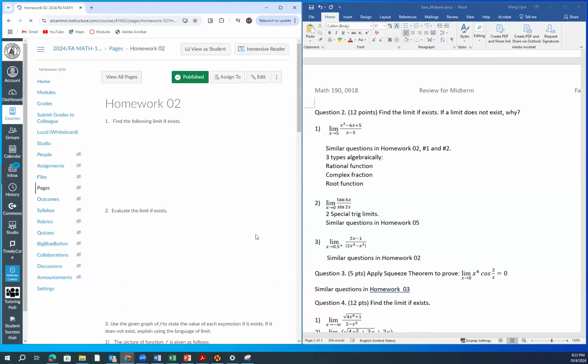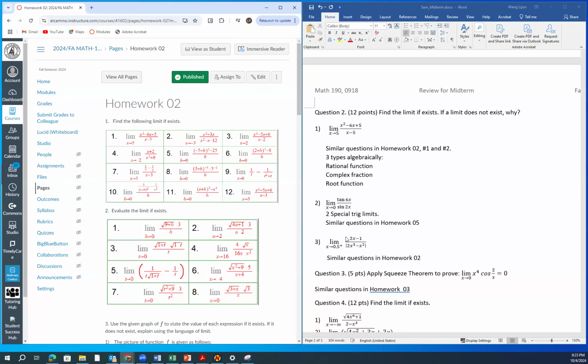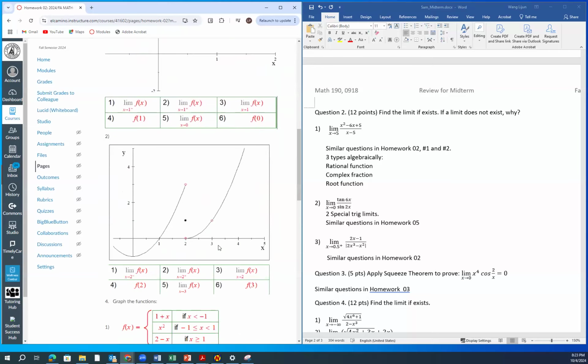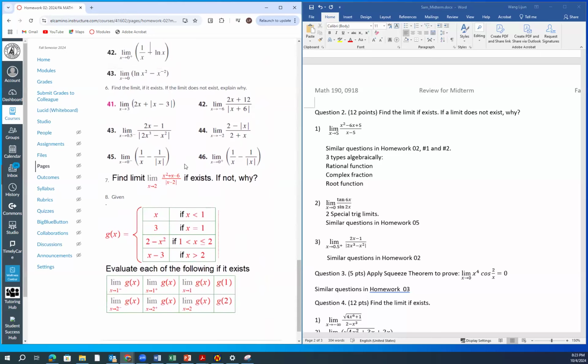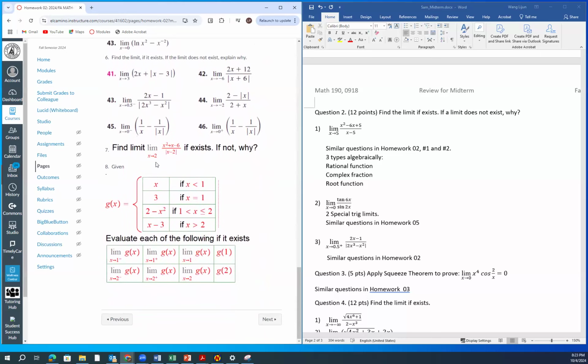This type of question, I just choose one of them: absolute value type. The questions I have selected are from here.